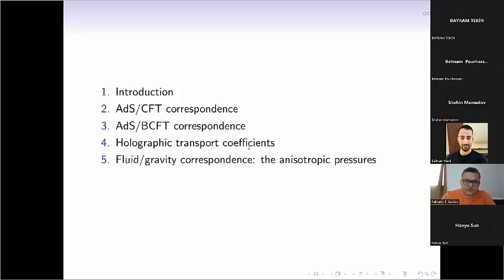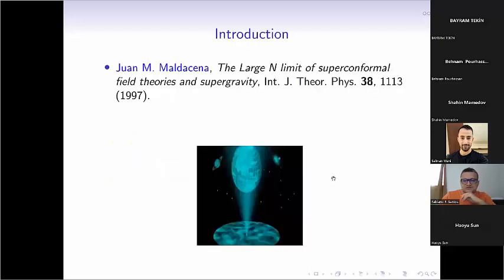And with this, I will talk about the holographic transport coefficients for the quark-gluon plasma. Another way to study these things is using the fluid/gravity correspondence to try to see what happens with the quark-gluon plasma. And I finish with the conclusions and discussions.